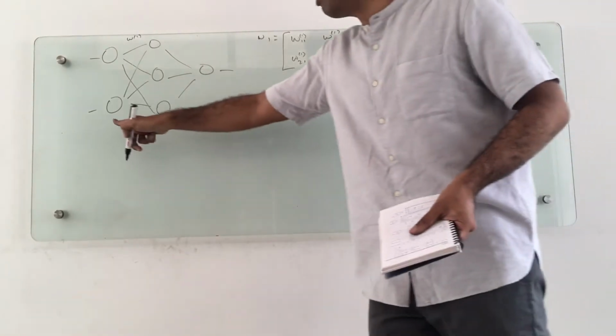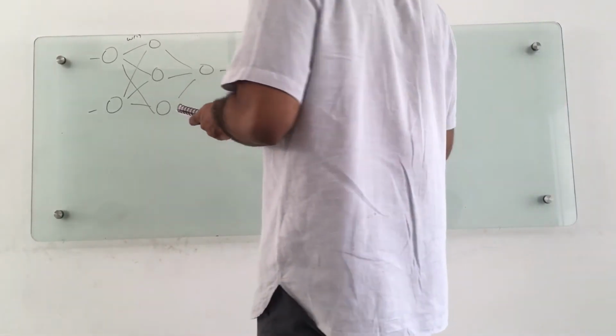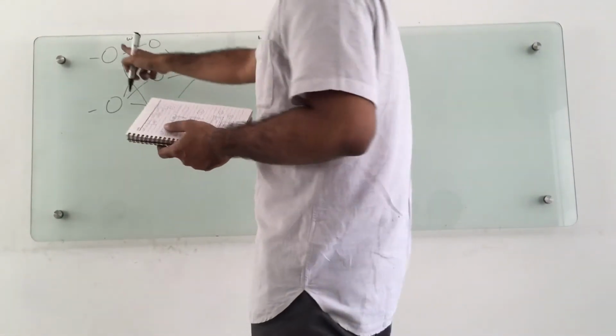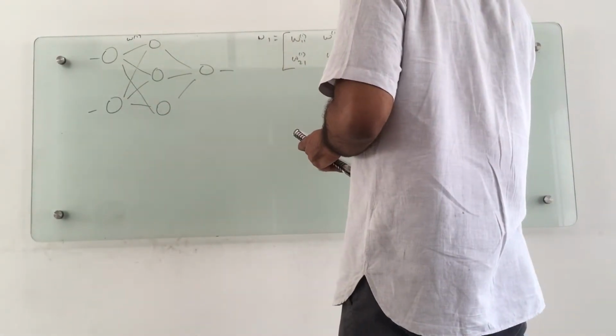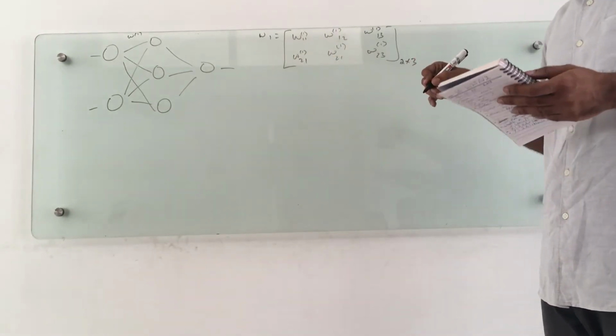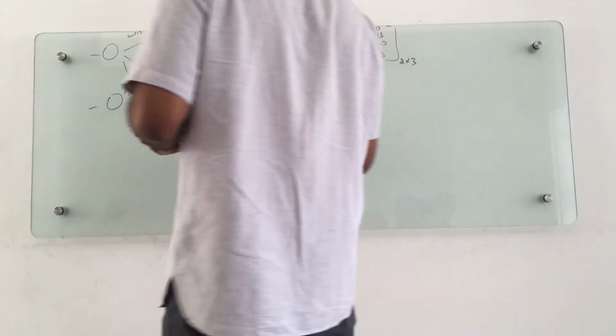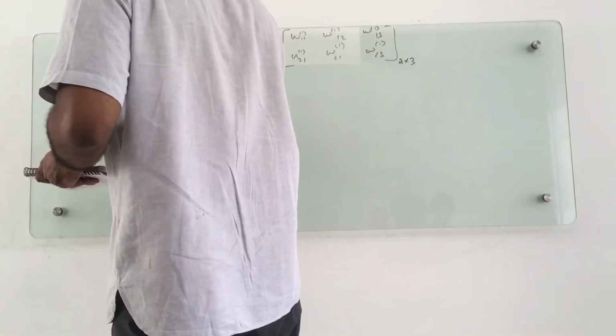Okay, let's traverse from here to here. When you traverse from here to here, you have 2 inputs, 3 neurons. You have your X which comes here.